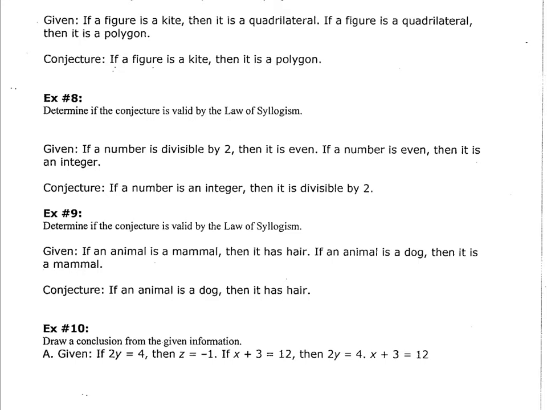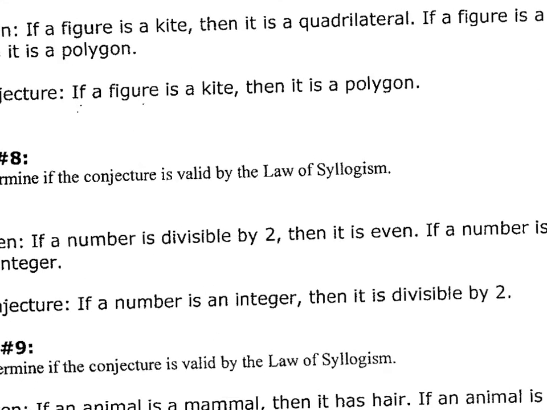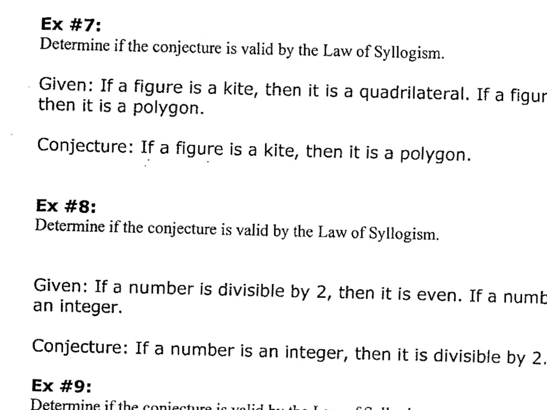Okay, number 1 says if a figure is a kite, and we're going to go ahead and label these. Remember, after your if statement is always going to be your P. So if a figure is a kite, a kite would be your P. Then it is a quadrilateral.